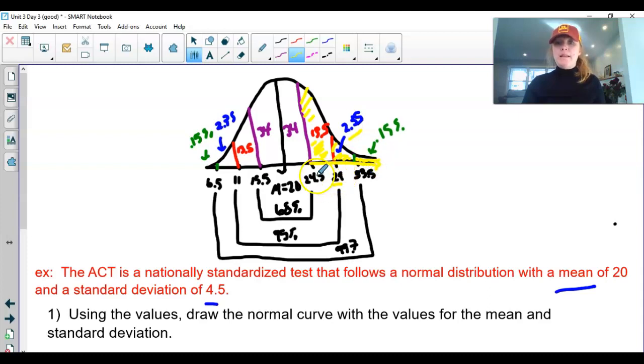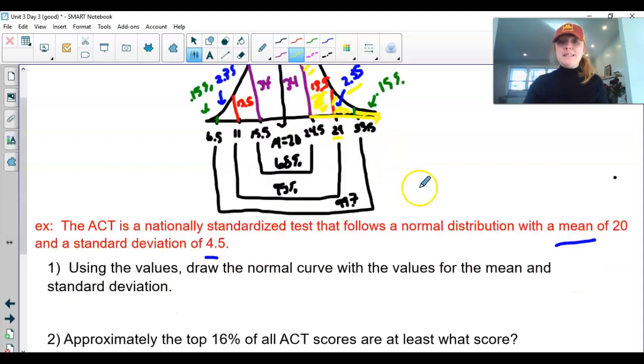At least a 24.5 could be a 29, a 33.5, or even a 36. That's at least a 24.5. So what I'm going to do is add these values up: 13.5 plus 2.35 plus 0.15, and that gives me 16%.